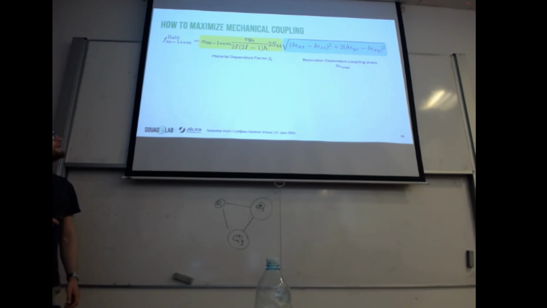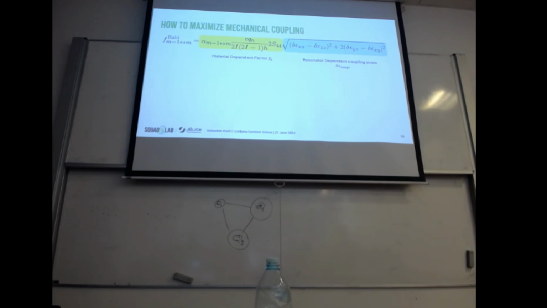On the other hand, we have this resonator-dependent term, which again depends on the way the mechanical mode is placed in the mechanical resonator, and these terms will have a certain magnitude dependent on the geometry.